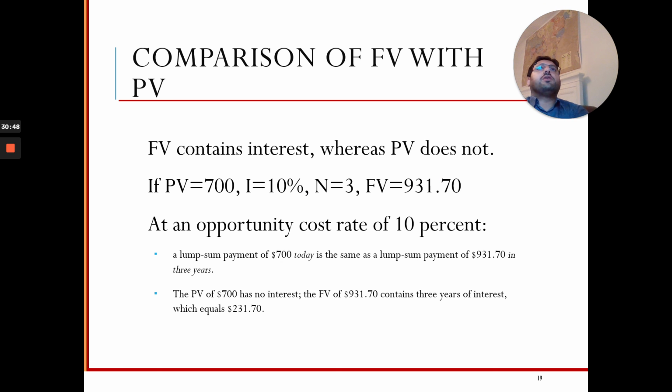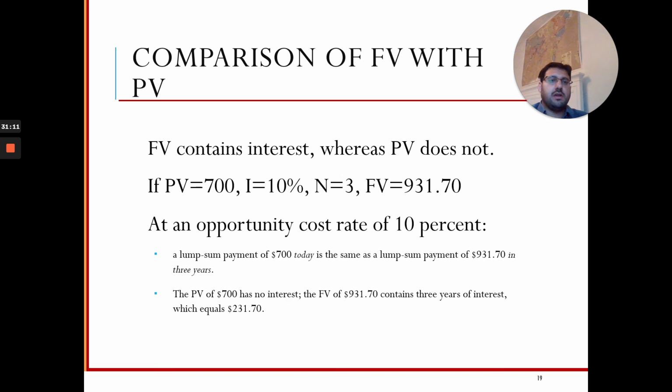Now it's important to understand, if this is the data given to you, that $700 is the present value, meaning there is some amount which you are going to deposit today in the bank, and the bank is giving you a guaranteed 10% interest rate over the next 3 years. So obviously the future value of this 700 will be 931.70.